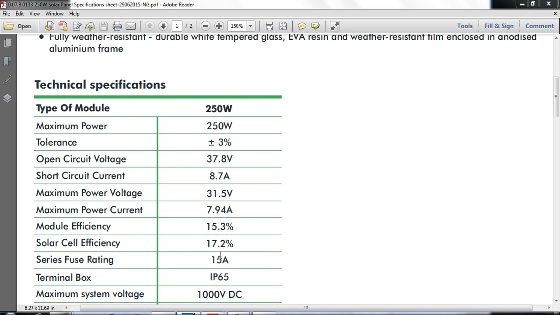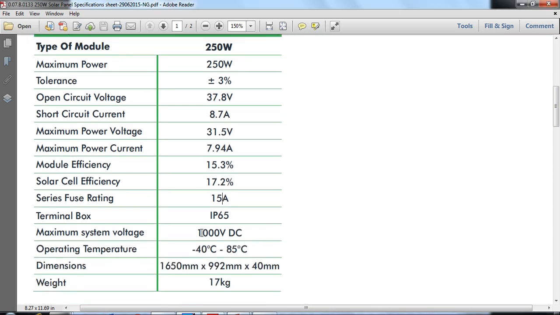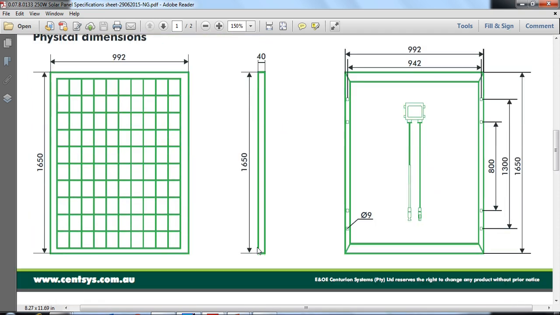Terminal box and the system voltage, this is most important. We can connect this module that can withstand up to 1000 volt DC. This is the weight, this is the operating temperature range, minus 42 to plus 85 degree centigrade.